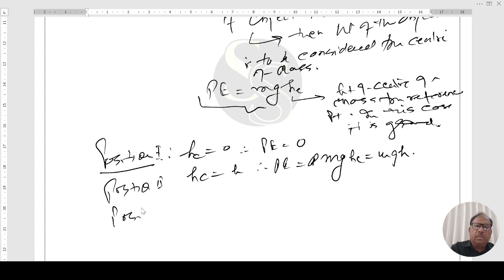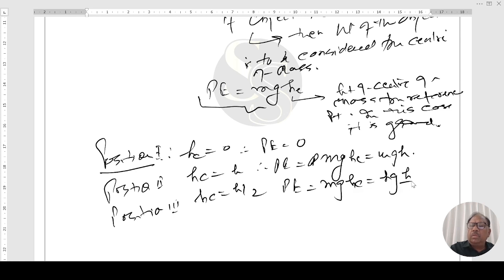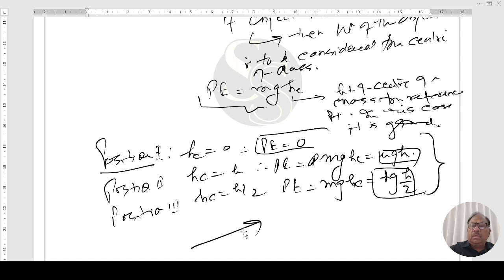Position 3. Hc equal to H by 2. Potential energy will be equal to mg Hc, that is mgH by 2. These are all the cases. In all cases, potential energy is calculated, right? Next question.